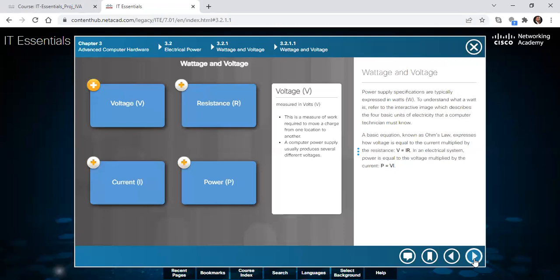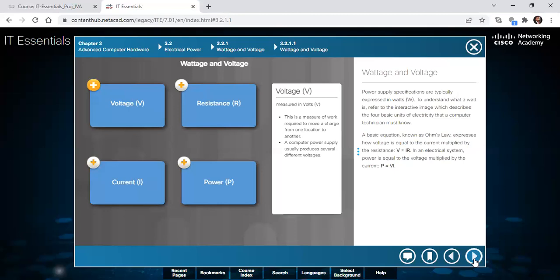The basic equation known as Ohm's law expresses how voltage is equal to the current multiplied by the resistance. Now, there is not much calculation. For some people, when they see V equals IR, they think we're getting serious.